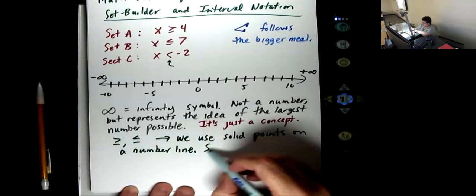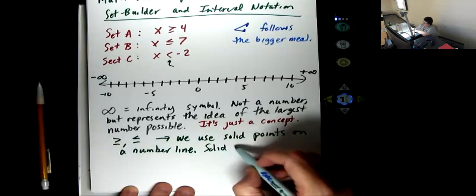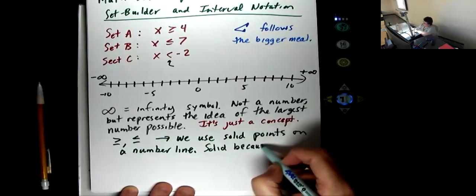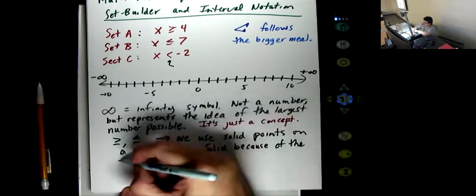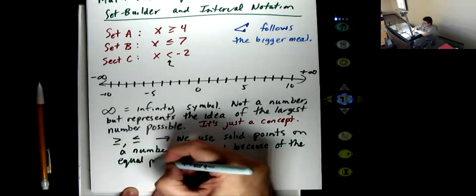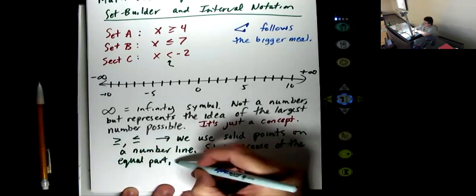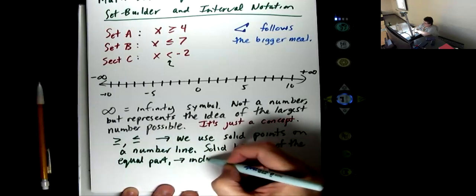They're solid because of the equal part, which means include that number.